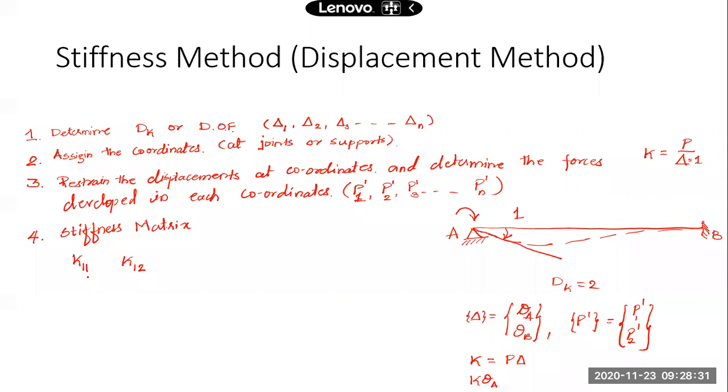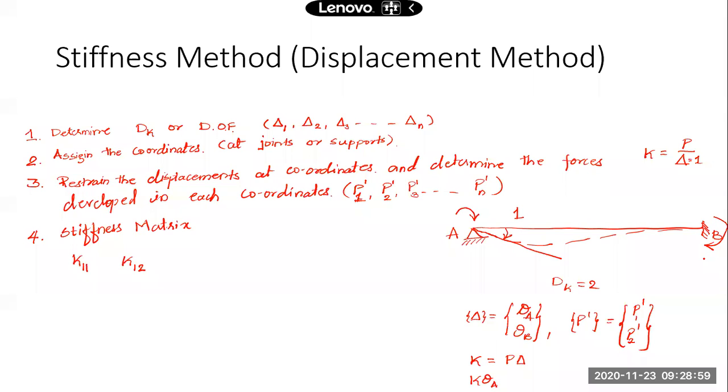K11 is the force in the first coordinate when unit displacement is given in the first coordinate. That is what this means. If I find out that force, that is K11. When you are giving the unit rotation in the first coordinate, you'll also find that there is a force developed in other coordinates. For example, in the second coordinate, there'll be a force developed here.